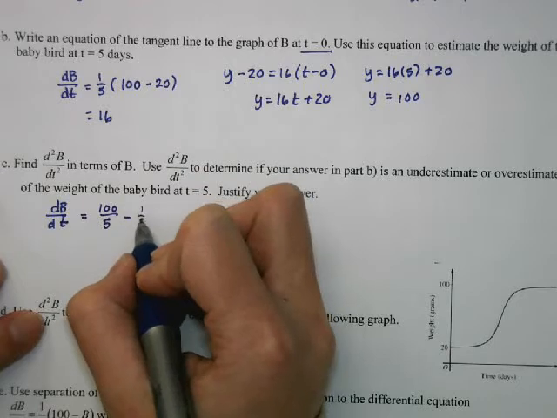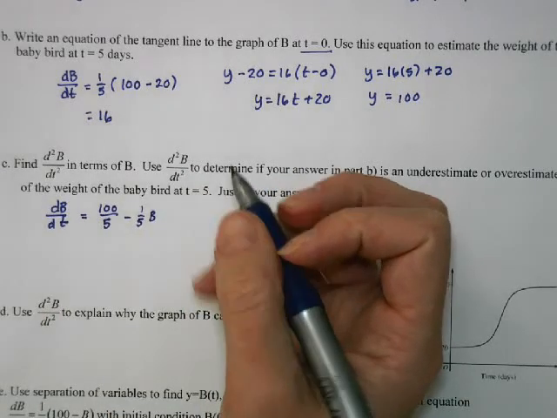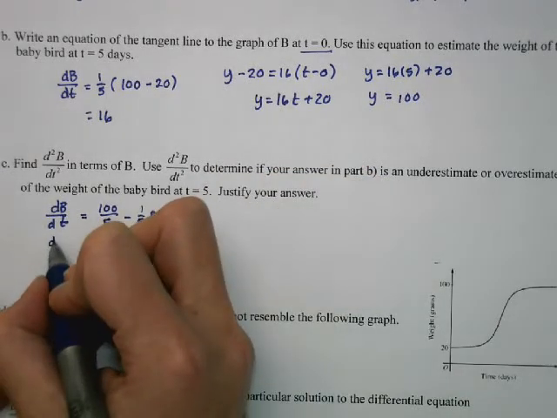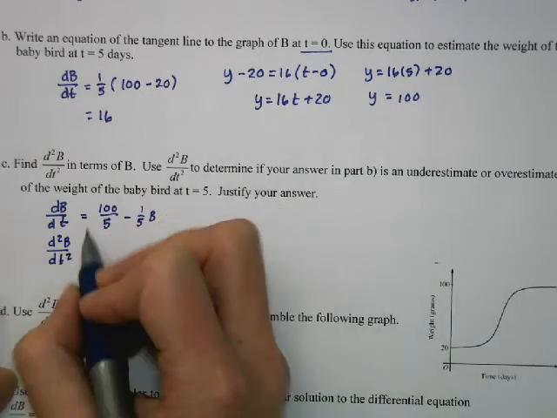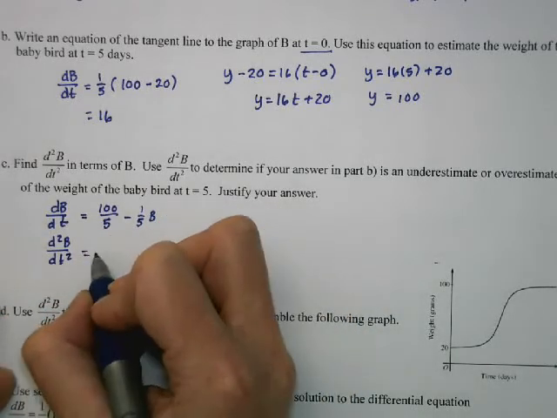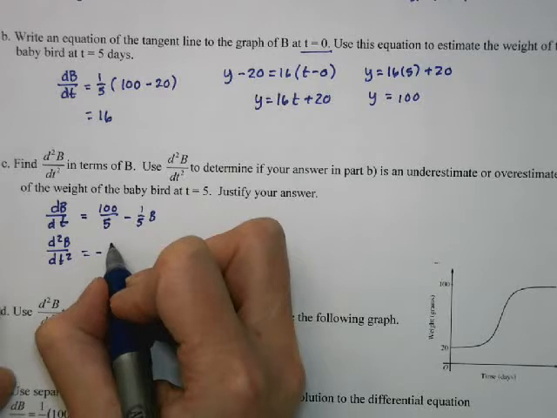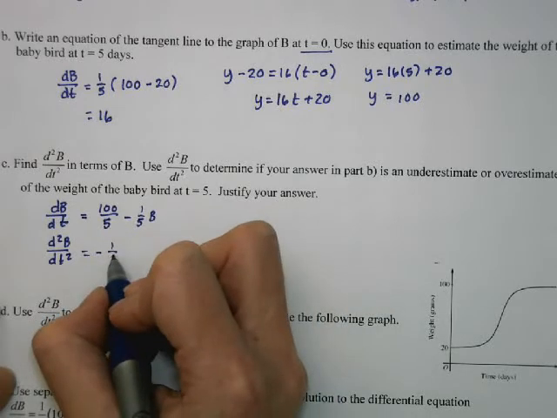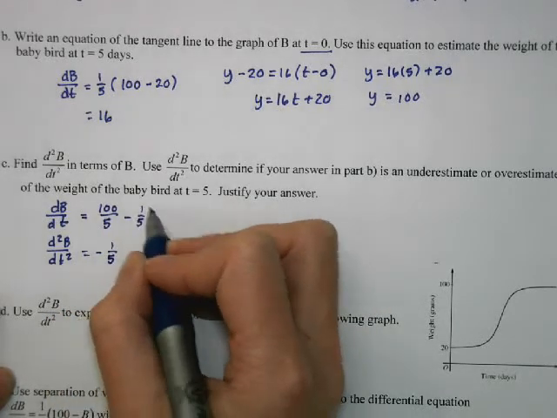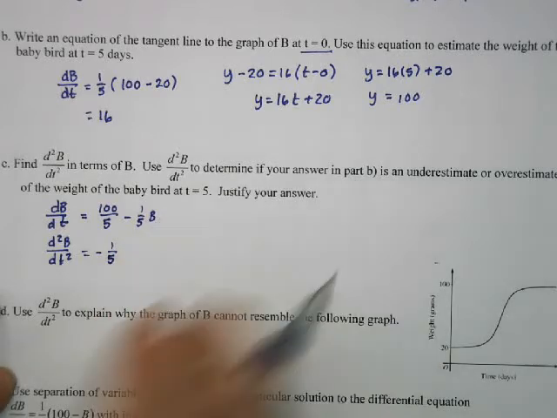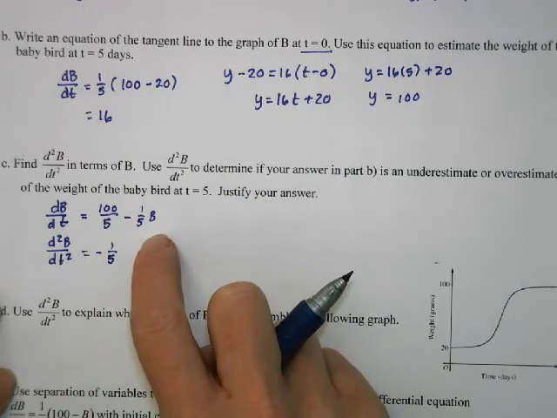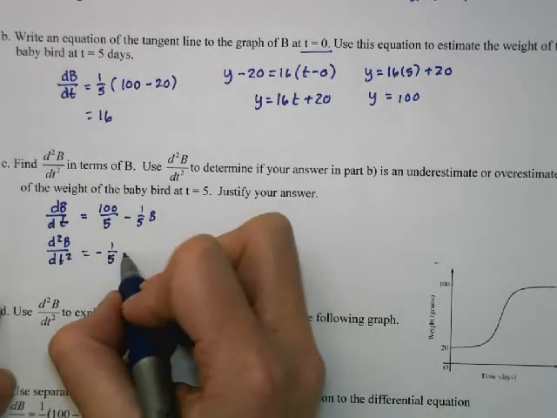So if I take the second derivative here, it's going to be the derivative of negative 1/5 b, but then we have to do the chain rule, and the derivative of b with respect to t is db/dt.